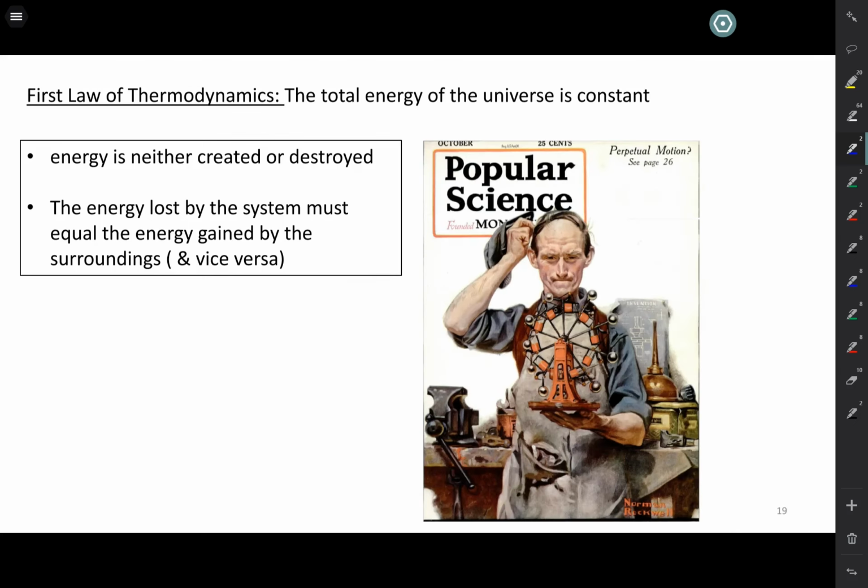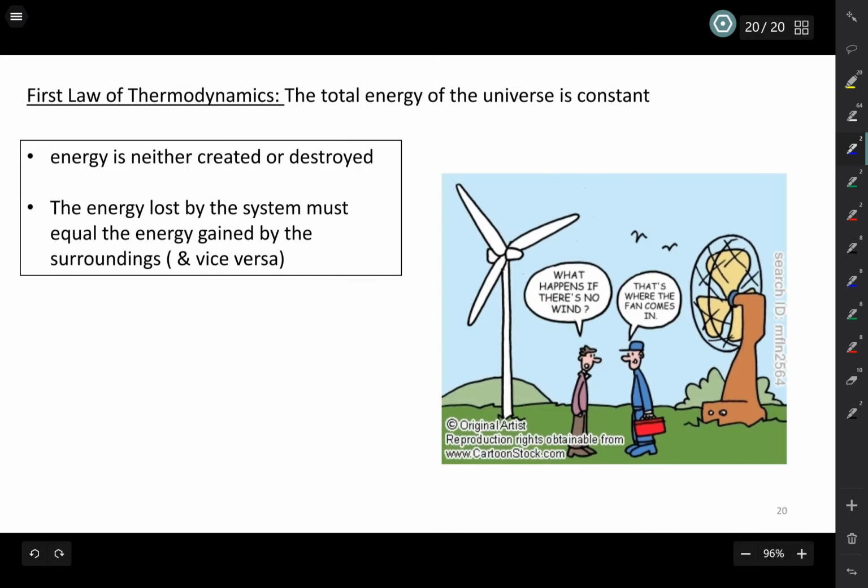Here is the cover of Popular Science, showing a great Norman Rockwell drawing of somebody trying to put together a perpetual energy machine and failing. This is one of my favorite little cartoons.